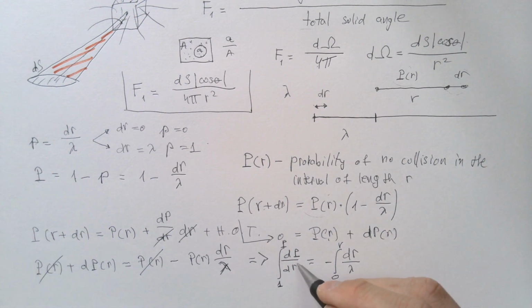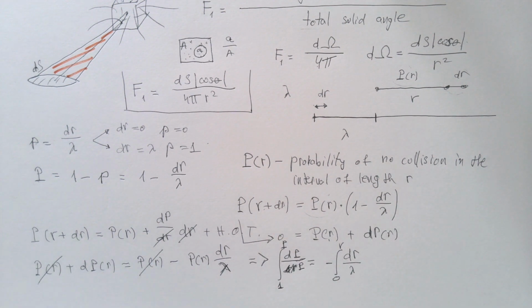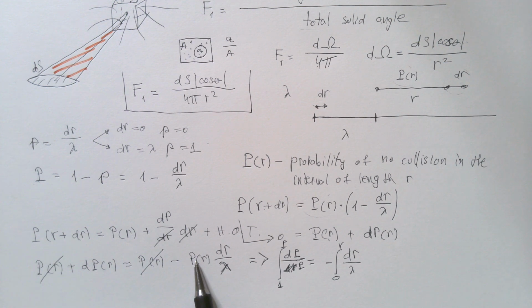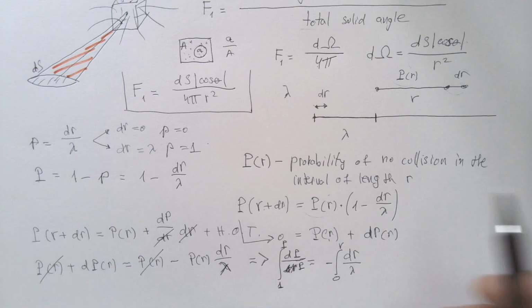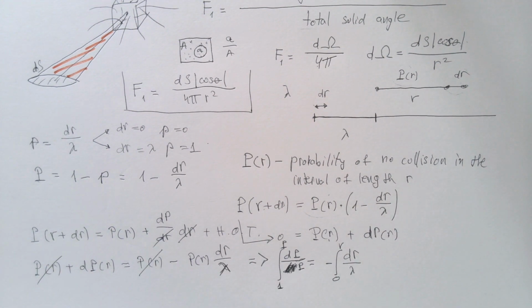Oh, I see, here it's not dP over dr, but dP over P. Namely, a differential equation that separates variables. I move this P over here, and then I get negative dr over lambda here.